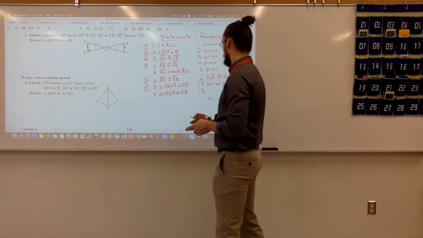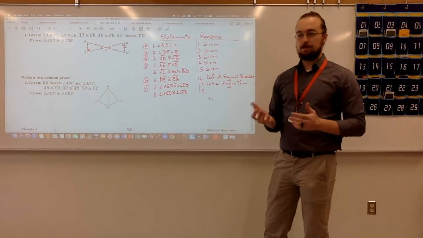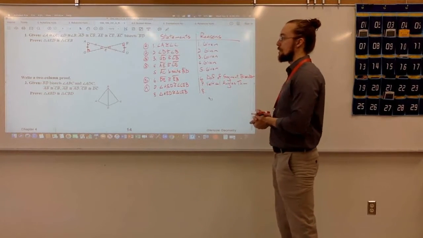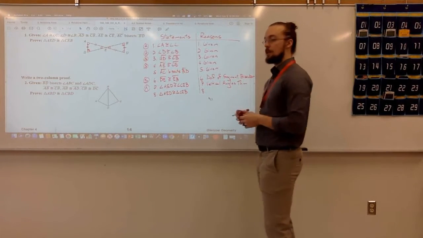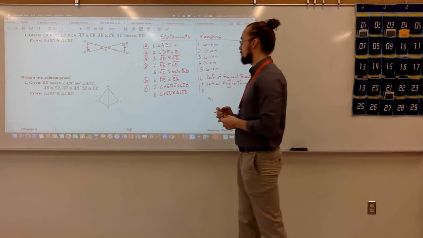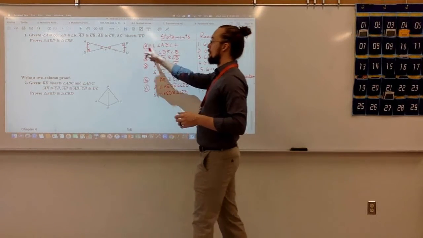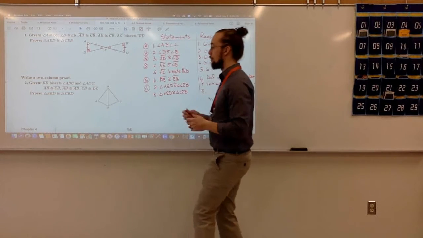Usually we were given it as a midpoint instead of being called a bisector. Yeah, I mean the word they use is bisects instead of midpoint.